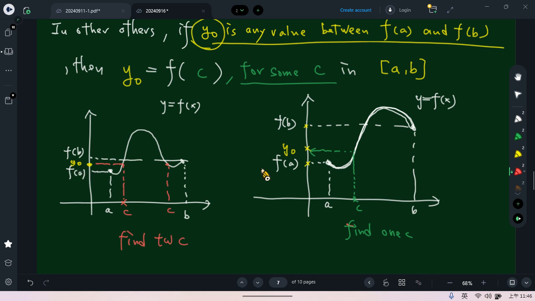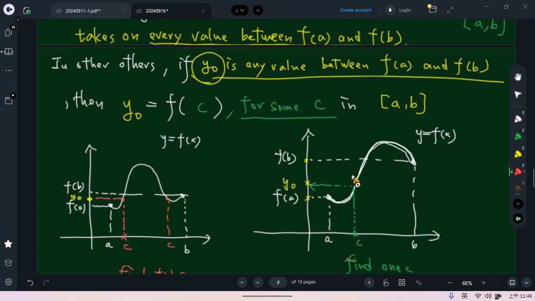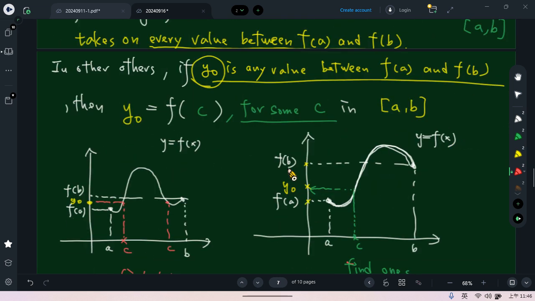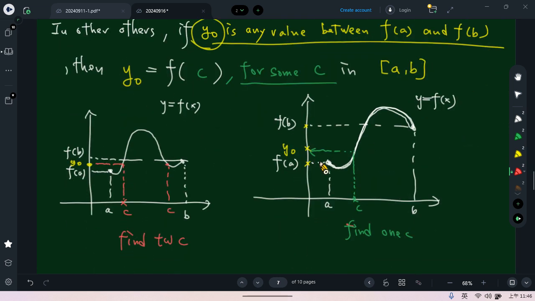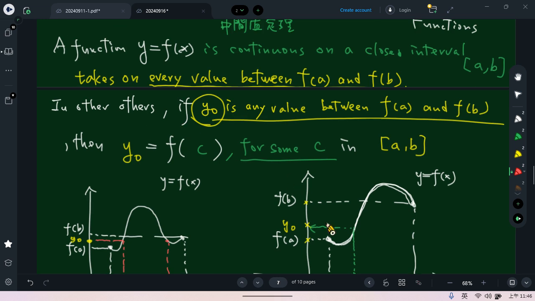Maybe one, two, or even more, but at least you can find one. So for any value y0 between f of A and f of B, you can always find one c between A and B, so that f of c will be y0. So the intermediate value theorem is based on the function being continuous. If it is not a continuous function, then we cannot guarantee that this will happen.